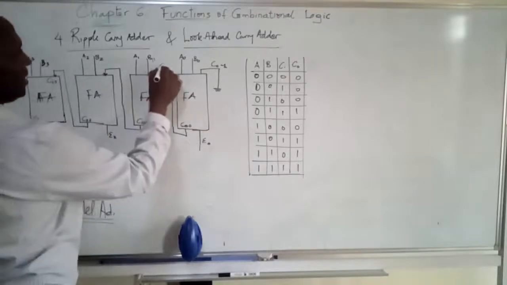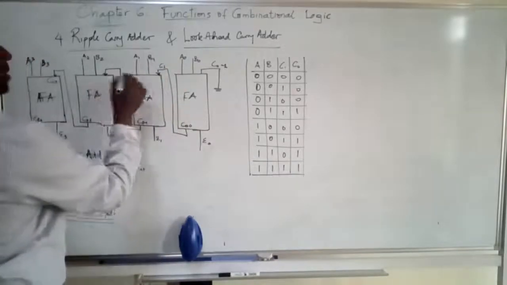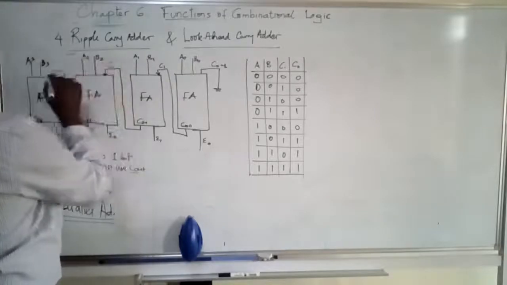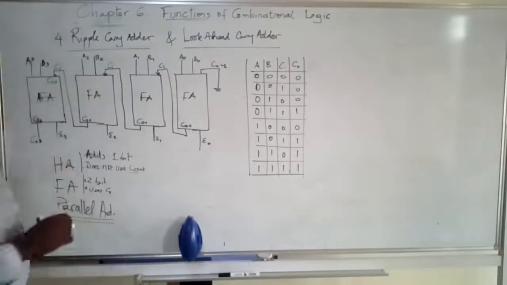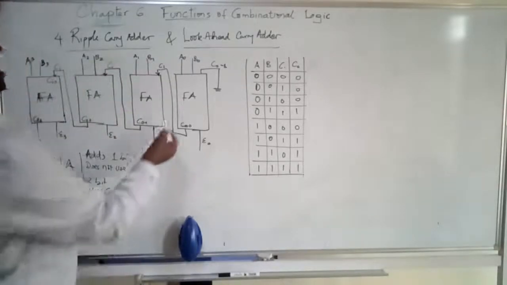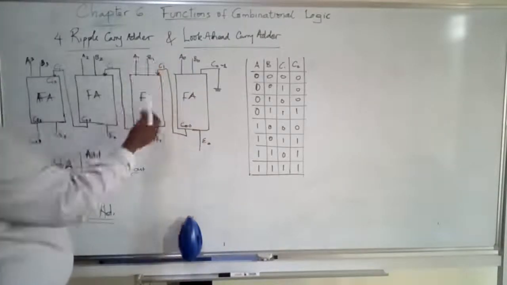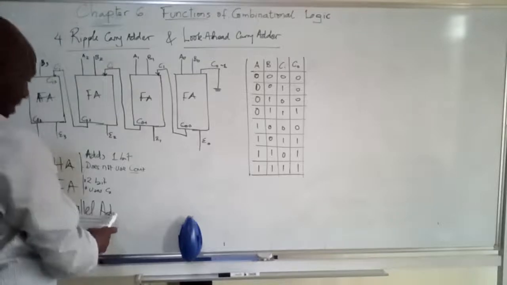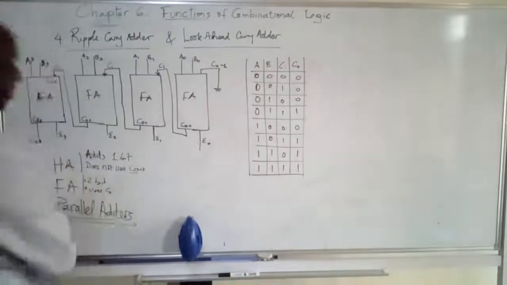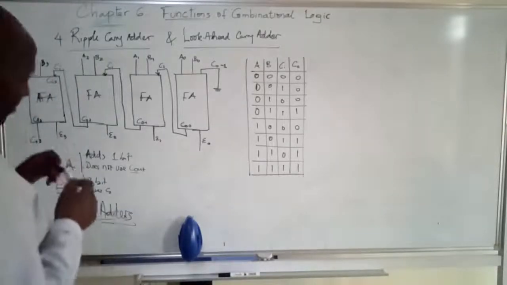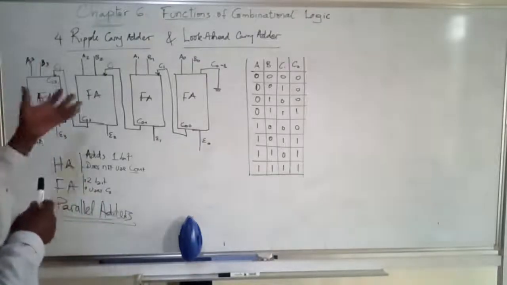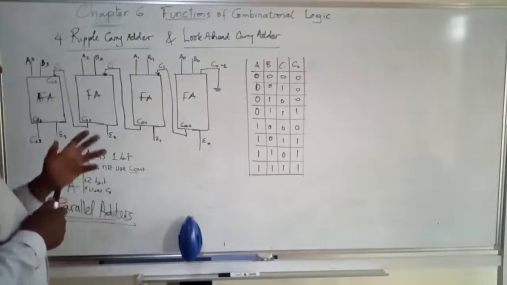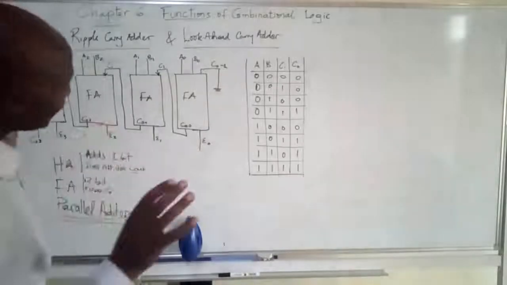This is C in, this is the carry in of the next adder, as we have seen in the parallel adders. Good. So now, the problem is, here it has one disadvantage.